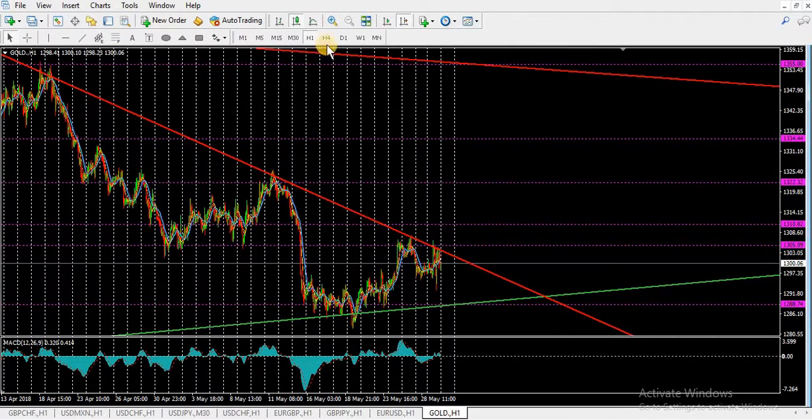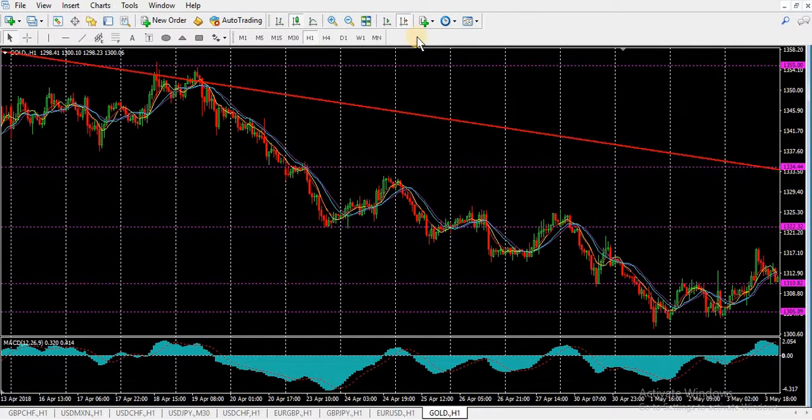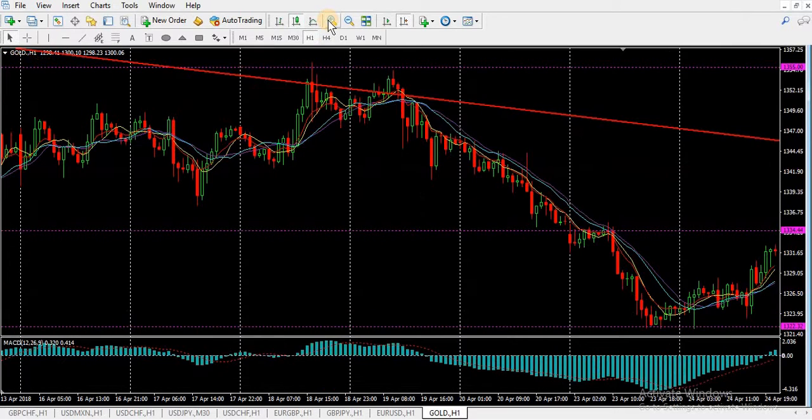Sorry, I meant hourly; the weekly is up there. So as you can see, the trend was slowly coming up, it was fully up, and then when it got here, it reached the resistance line.